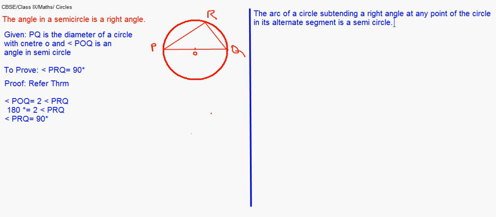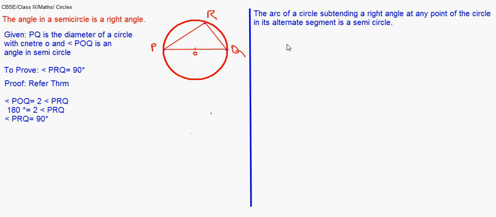I am taking up the same figure. Herein it is said that this arc PQ is subtending the angle PRQ as 90 degrees, and we have to prove this PQ is a semicircle. We take the same application of the theorem, which reads: the angle subtended by an arc at the center is twice the angle formed by the same arc on the remaining part of the circle.